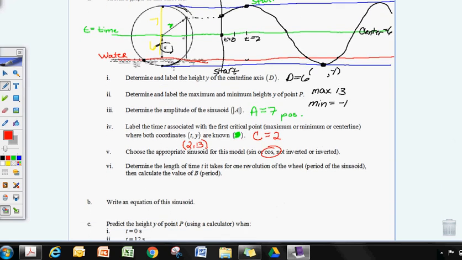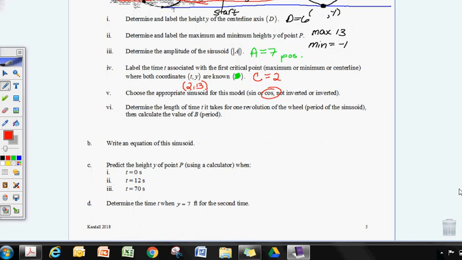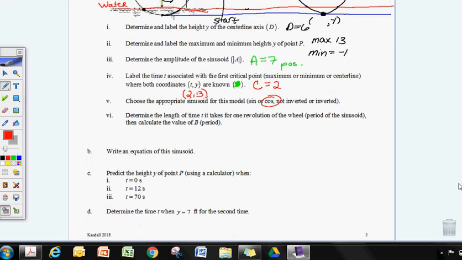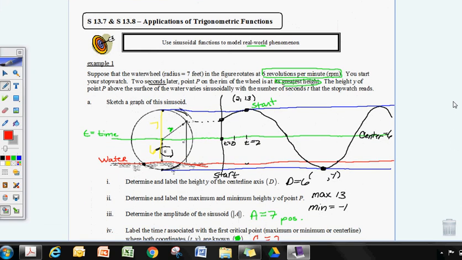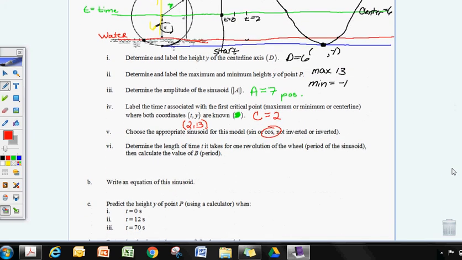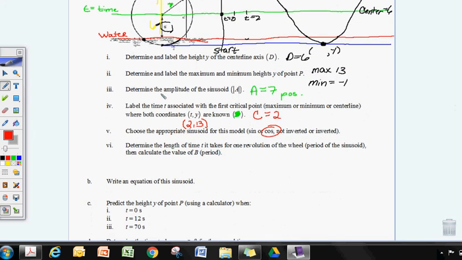And now it asks us to determine the length of time it takes for one revolution of the wheel. Now, we got to come up here. We know that 6 revolutions it makes in 1 minute. Okay, so now let's make this easy. 6 revolutions is going to equal 60 seconds.